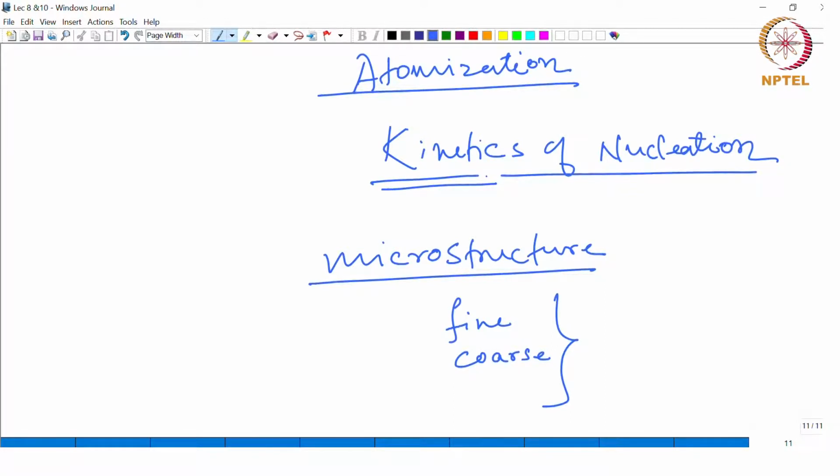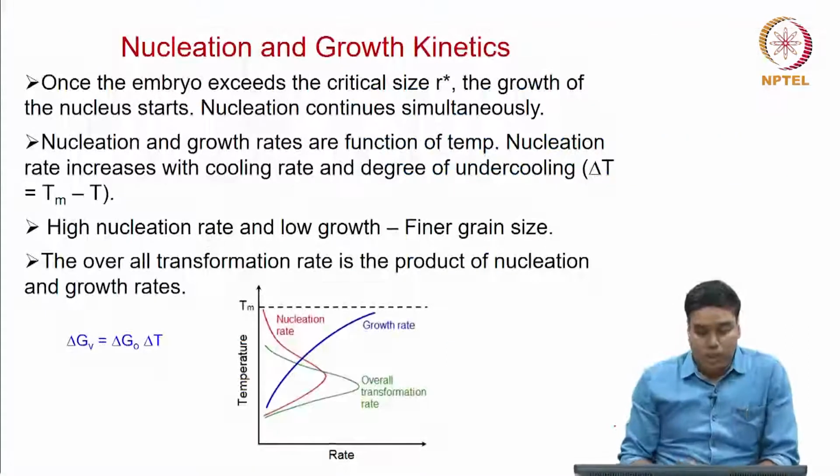So, how the processing aspects are like this thermodynamics and kinetics, right, that would decide the structure of the material, for example, this microstructure, and this in turn will decide the properties of the material. Okay. Okay, so, let us see what are the kinetics aspects of this atomization process or the solidification that happens in atomization, right.